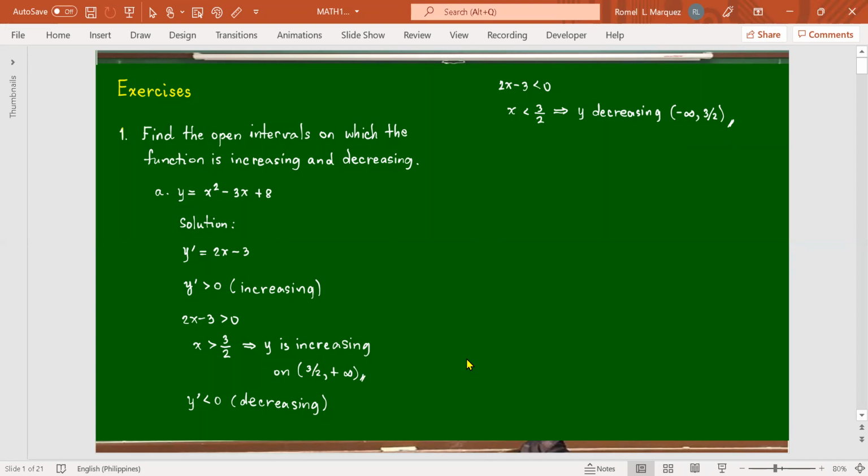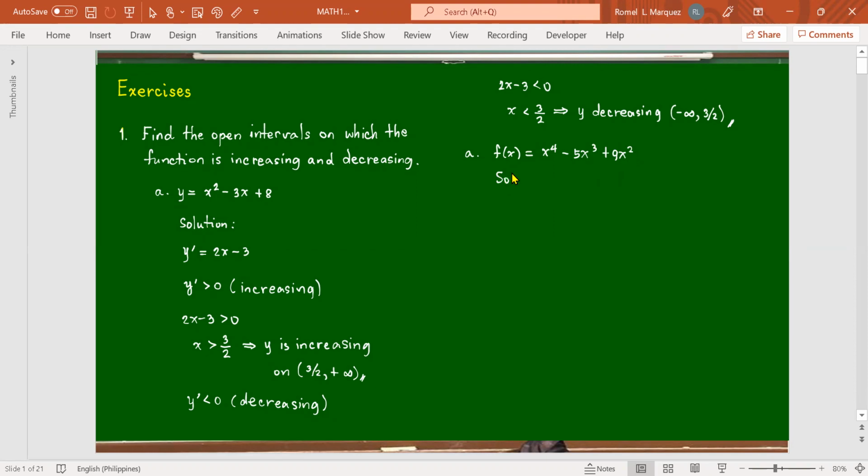What about number 2? Letter A. Given f of x equals x to the 4th minus 5x cubed plus 9x squared.